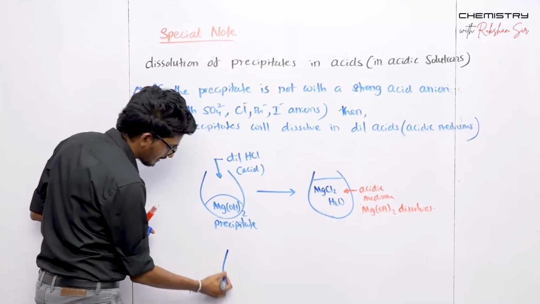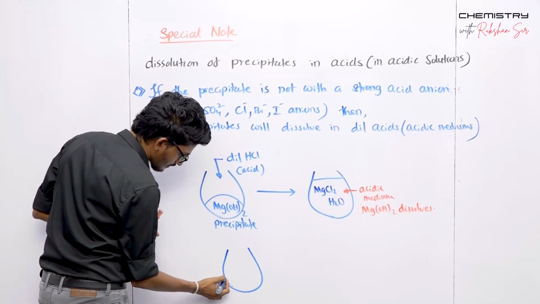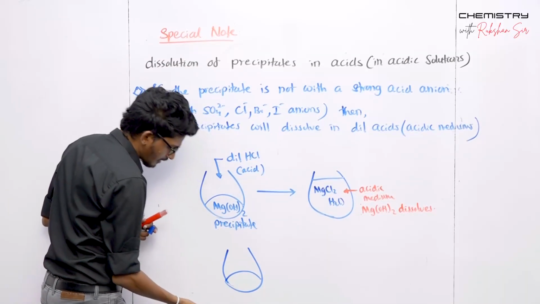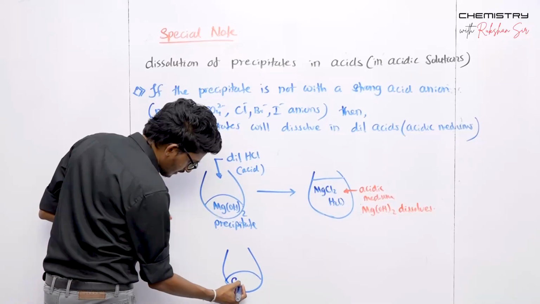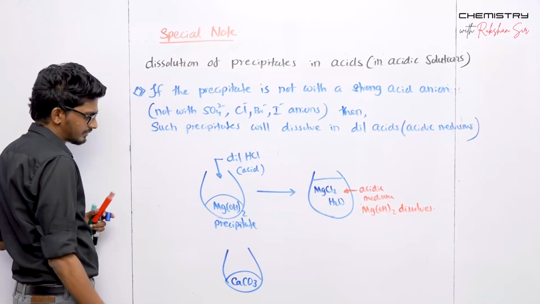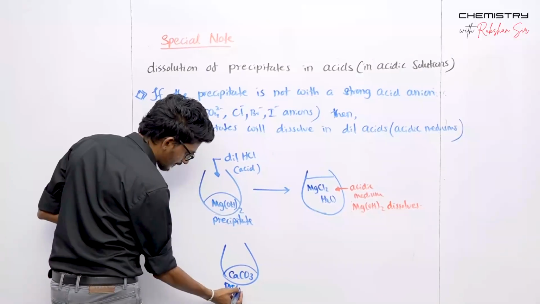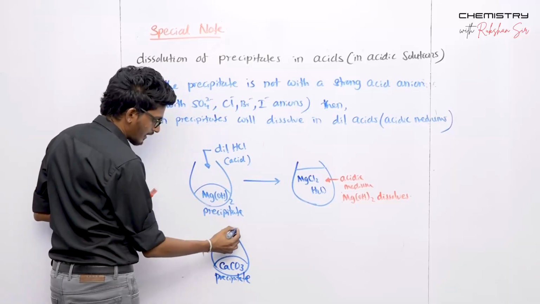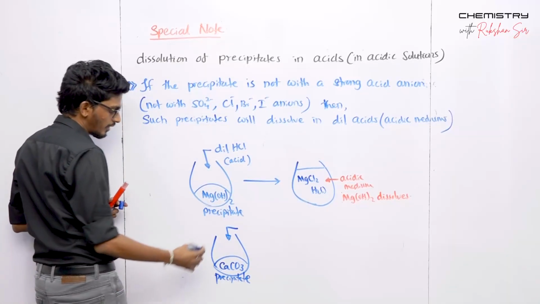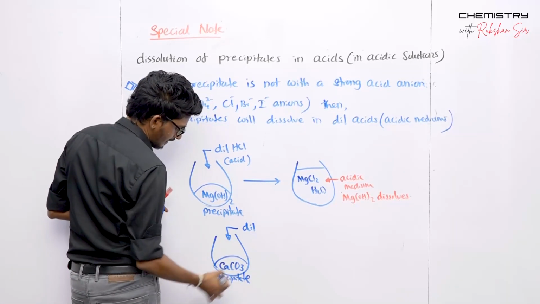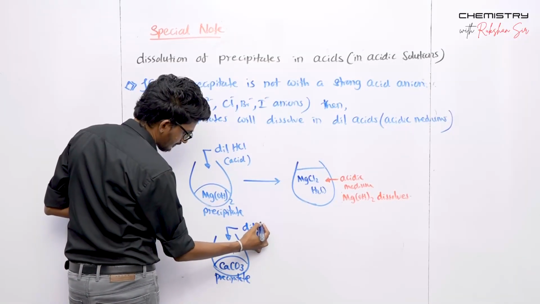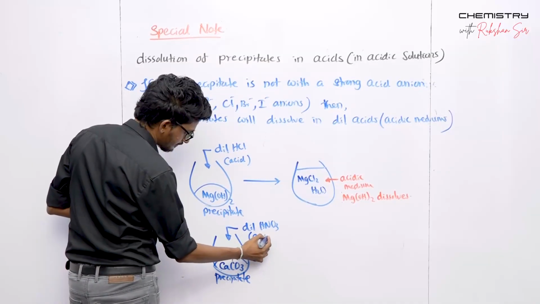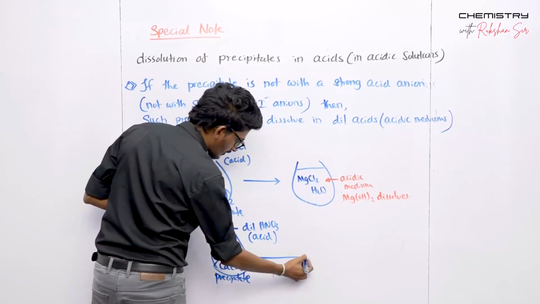Let's come up with another example. See, say you are with calcium carbonate. You are with calcium carbonate precipitate, and let's think you are to add some acid there, say dil nitric acid. So what will happen?